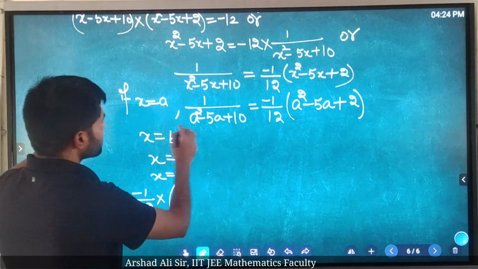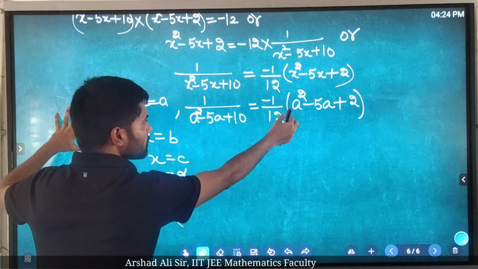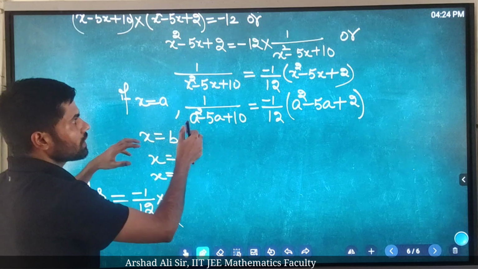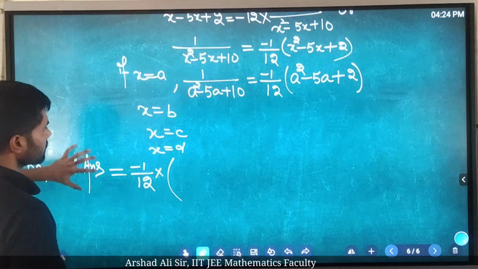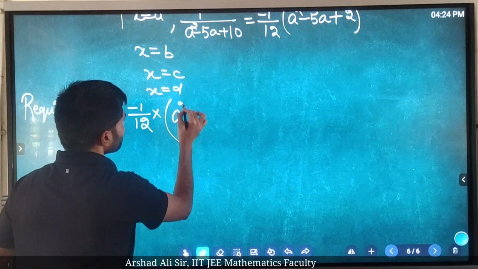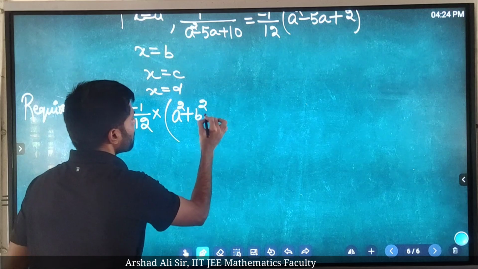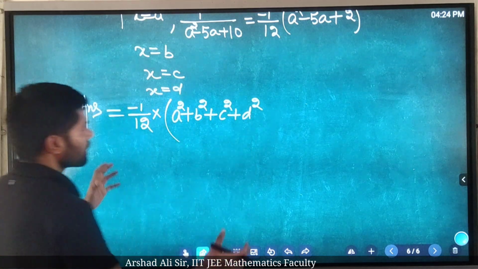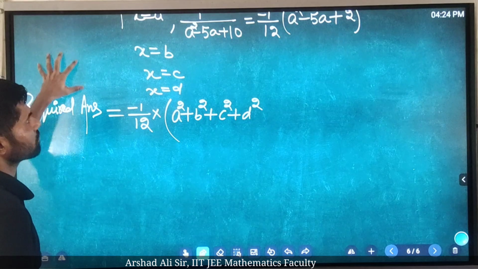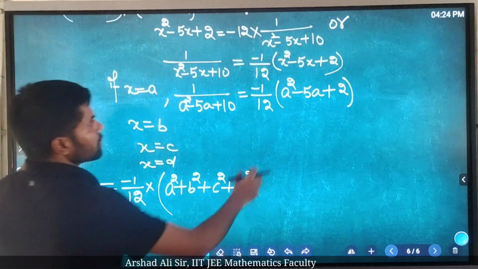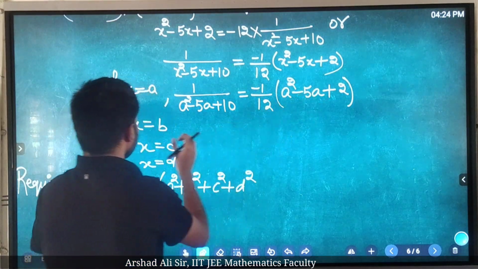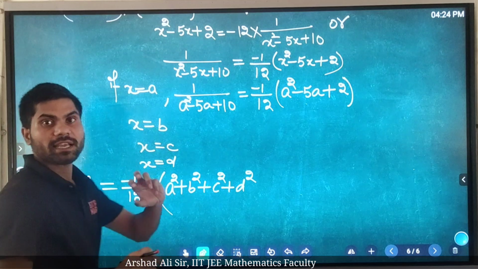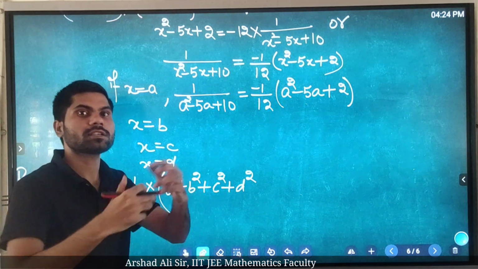If you put x equal to a, you will get a square. If you put x equal to b, you will get b square. So here you will get a square plus b square plus c square plus d square. After that you get minus 5a, then minus 5b, minus 5c, minus 5d.